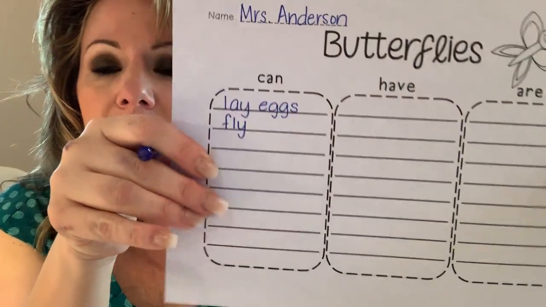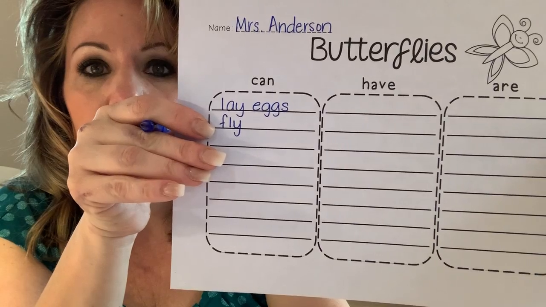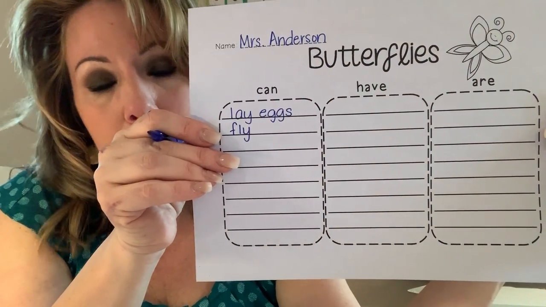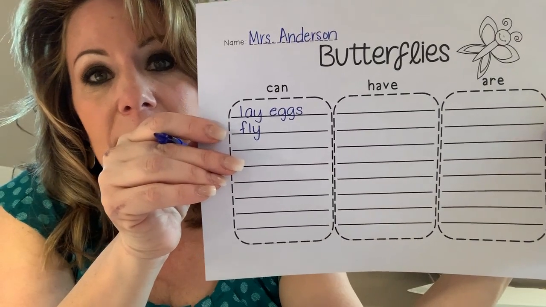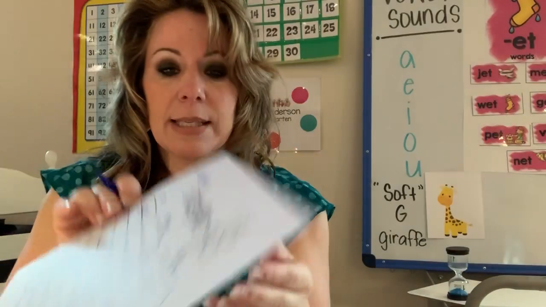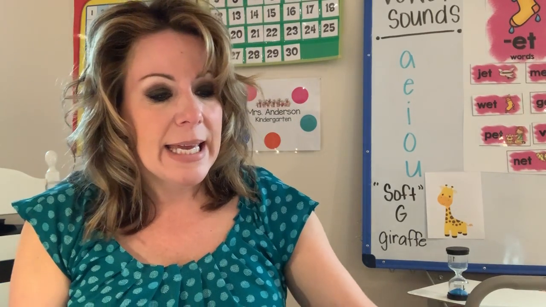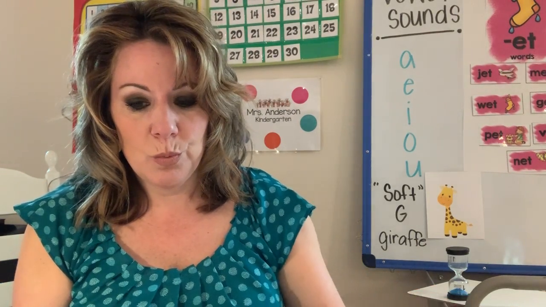Good. So I wrote fly. Good. Now, if your words are spelled a little bit different than mine, is that okay? Yeah. As long as it sounds the same. Okay. What's another thing a butterfly can do?